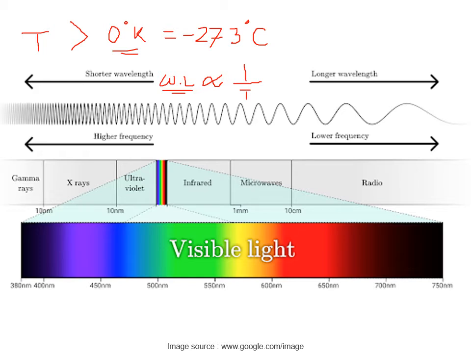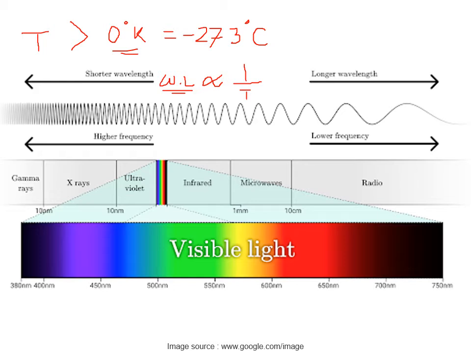So mostly earth will emit radiation energy on this side, and sun will emit radiation energy of all sorts of electromagnetic waves, because our sun has both the dark spots, cooler areas, and hotter areas. So the entire electromagnetic spectrum of rays is emitted by the sun.